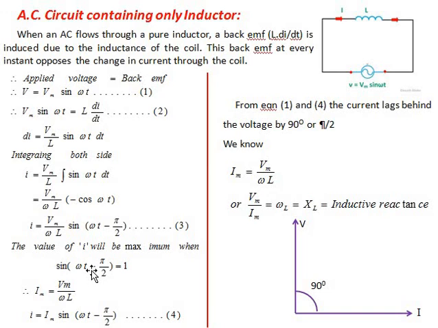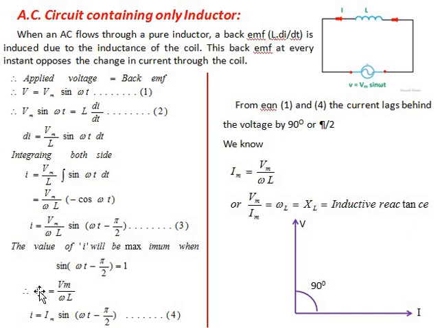Now sine of omega t minus pi by 2 is equal to 1, then only this becomes maximum, so I becomes maximum.